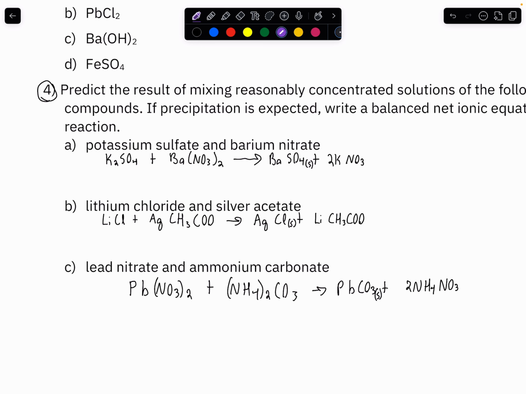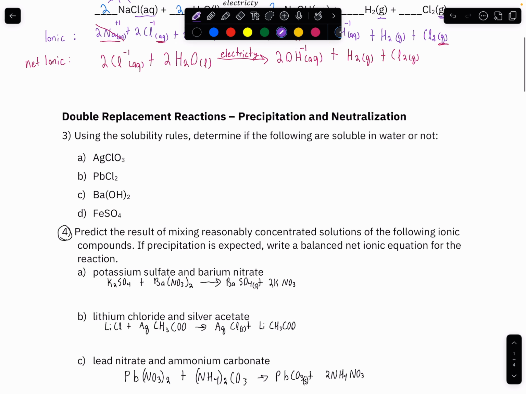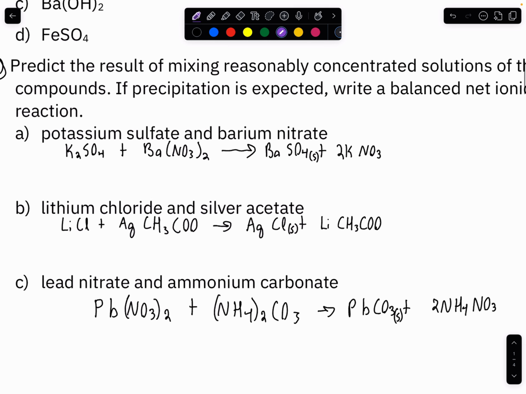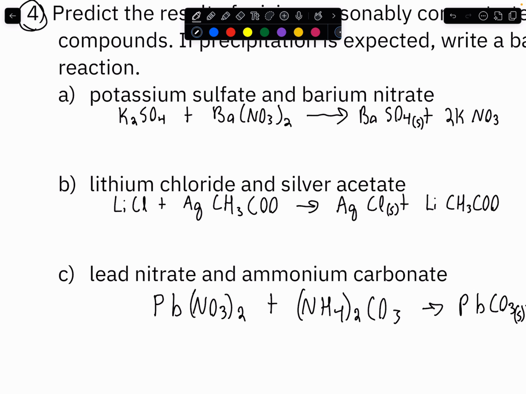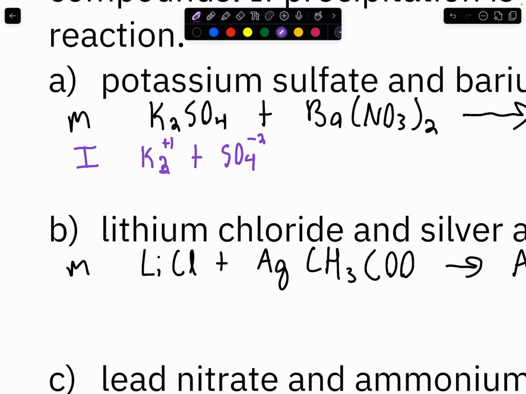Just like with number 2, I labeled our ionic and molecular in different colors. I'm going to stick to those colors, and say that technically this is our molecular. I'm going to put an M. Our ionic, I'm going to put I, is going to be this one: K2 plus SO4, which I know SO4 is -2, which means that this K2 technically needs to be +1, because 2 of these ions make it +2.